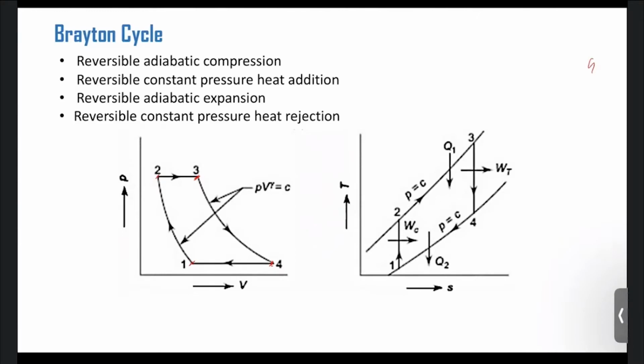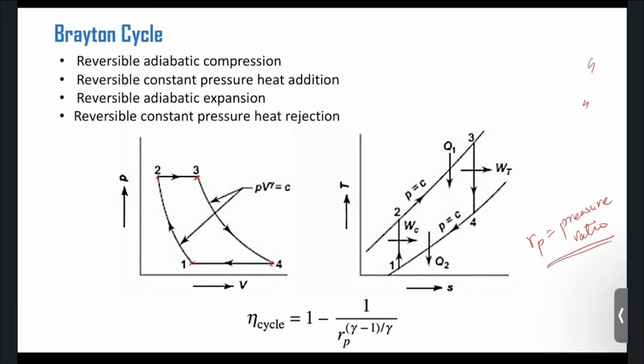That can also be seen on the TS diagram. And if we calculate the efficiency of this Brayton cycle, it comes as 1 minus 1 over Rp raised to the power (gamma minus 1) over gamma, where Rp is the pressure ratio.